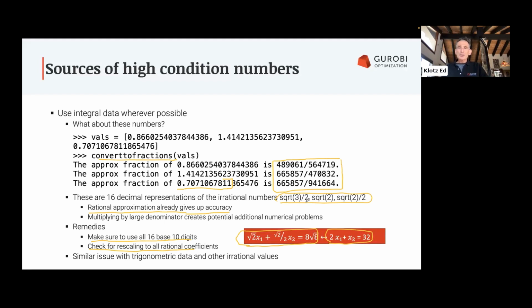Now, I called these three numbers irrational numbers, but they actually are special irrational numbers in the sense that they all involve trigonometric data. So you want to think about other trigonometric data and other irrational values, and keep the same thing in mind.